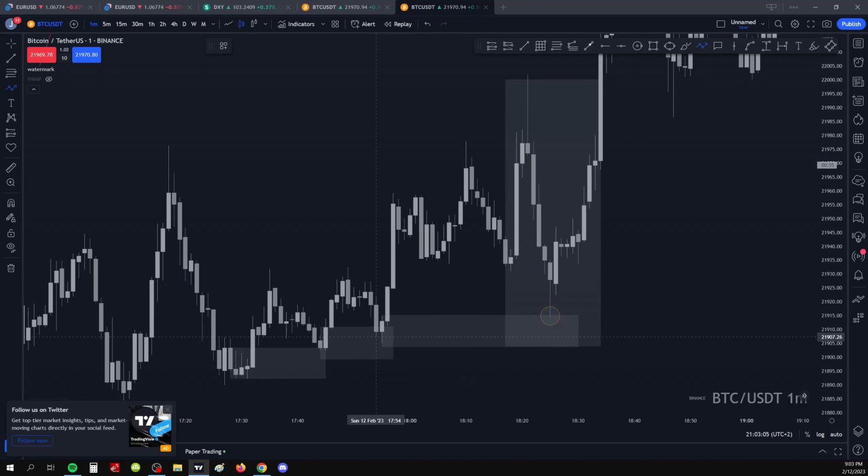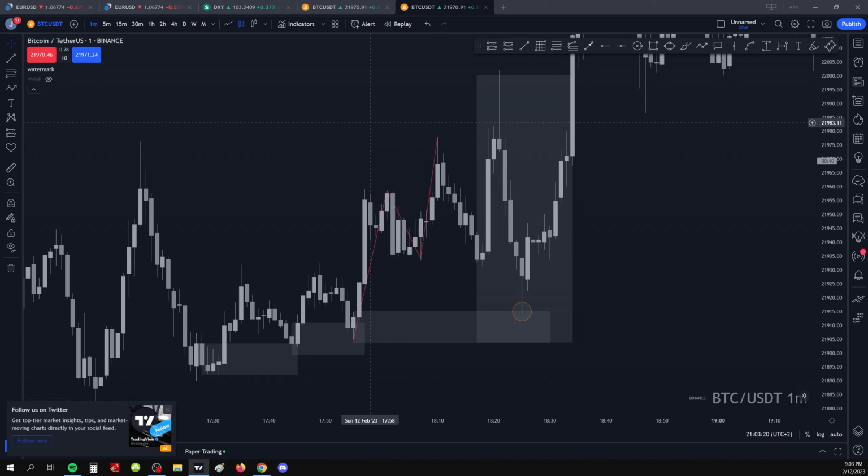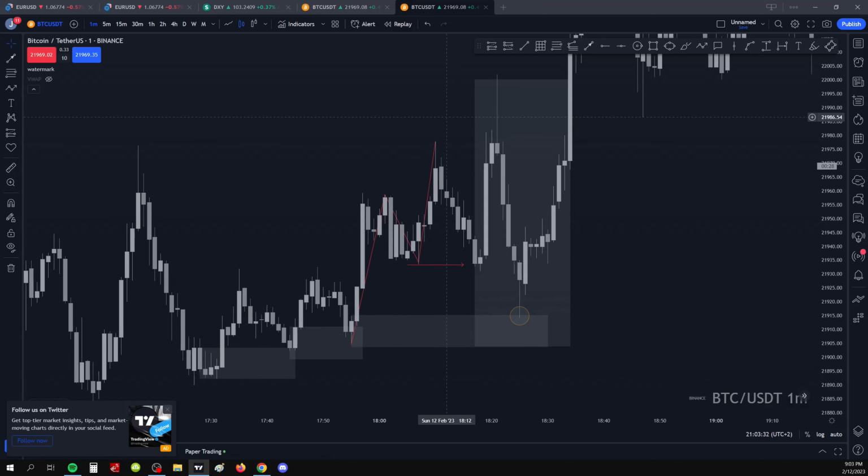Let's say we only see this. These 3 moves, okay? Market usually moves in 3 stages like this, 3 moves. Okay, so if we know that this is our inducement, the second leg is always the inducement, okay? So this is our inducement.